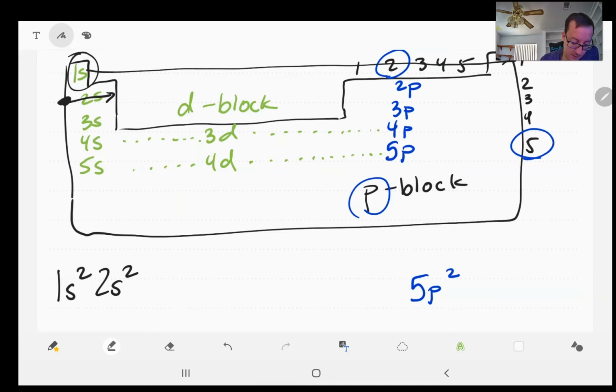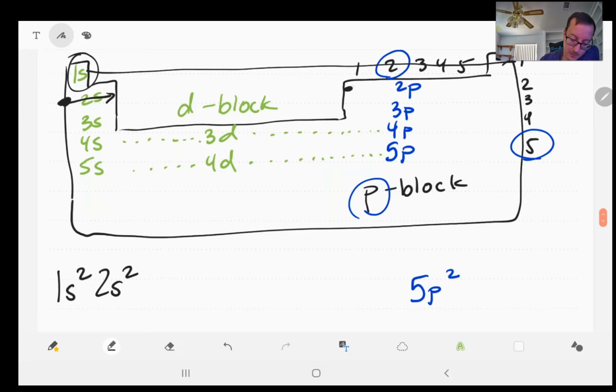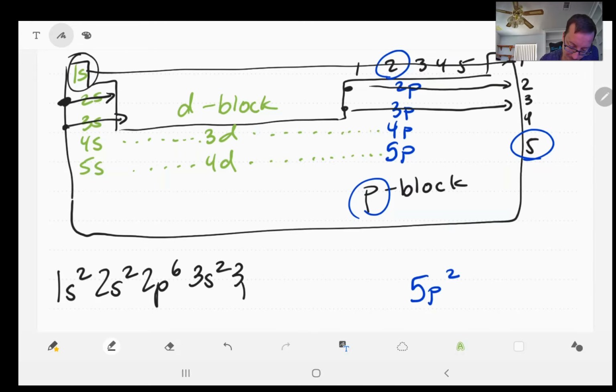Now we keep going across the periodic table until we get to tin. That'll be 2p, and we've got to fill that one up. Next is 3s, followed by 3p. Now we're over here at 4s.